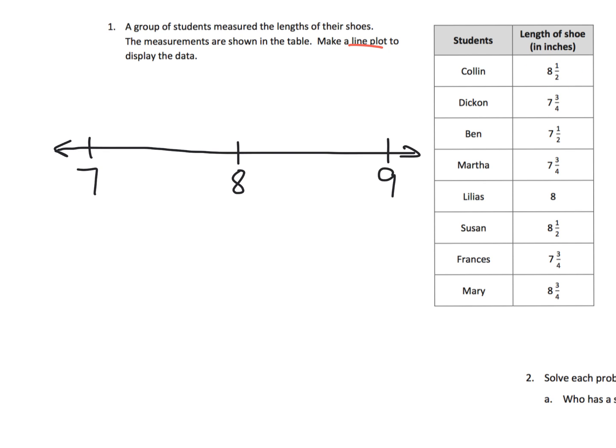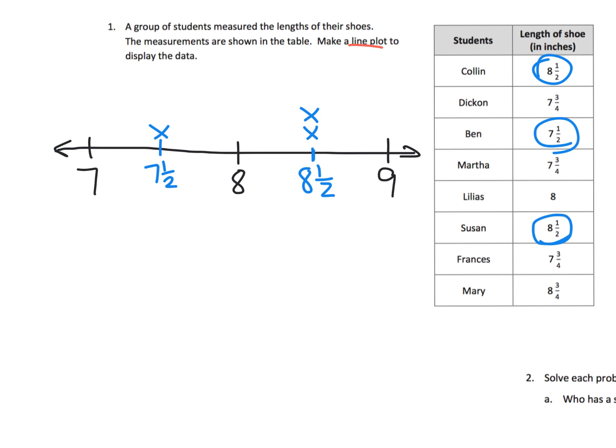So 8 1/2 goes right here, and I'm going to put an X on top of that. Here's 7 1/2, so 7 1/2 goes right here, and again, I'm going to put an X. Do I have any other halves? Yes, I have another 8 1/2, so I'm going to put an X on top.